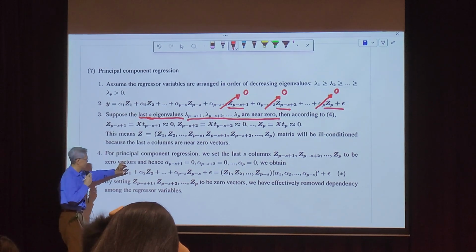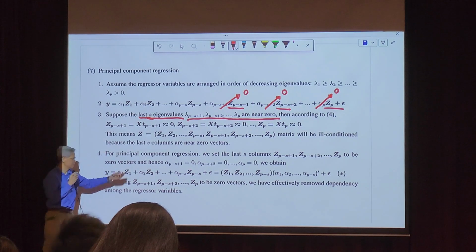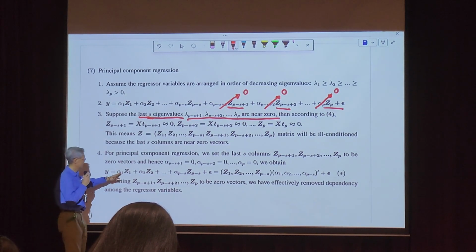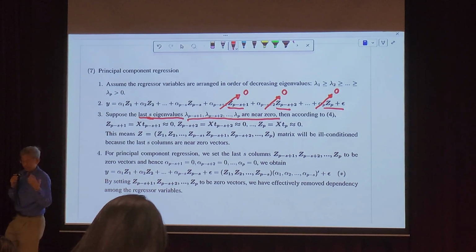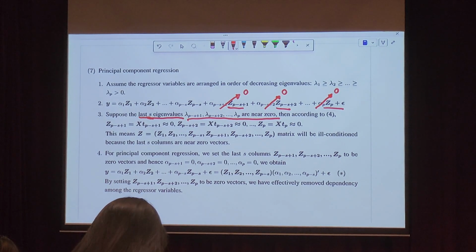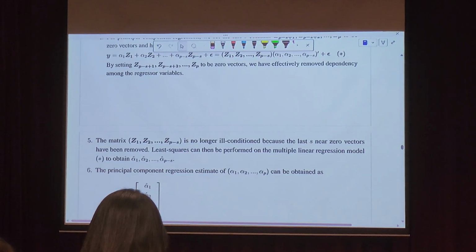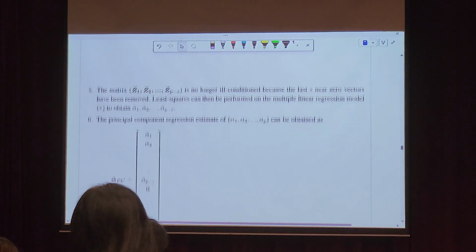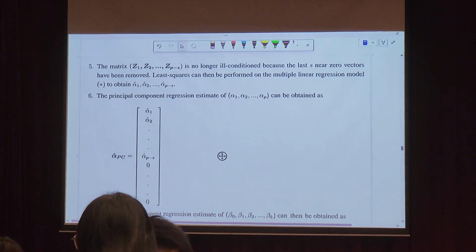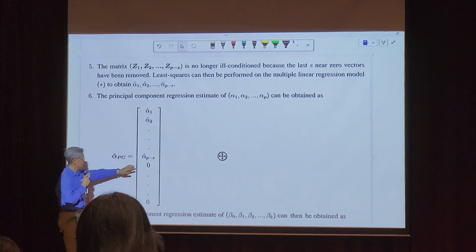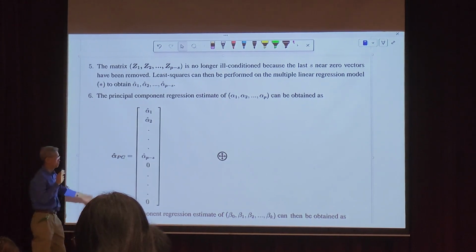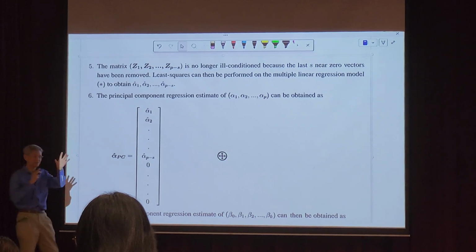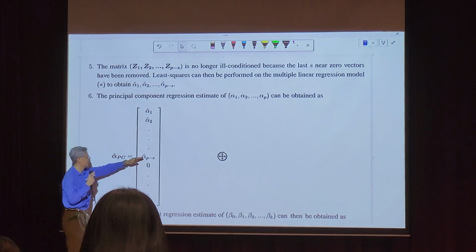You can then find the Z prime Z matrix and then estimate alpha 1 up to alpha P minus S. That's it. And then do a transformation to get better. Remember, we set all this to be 0. You do a usual multiple linear regression on the remaining z components.